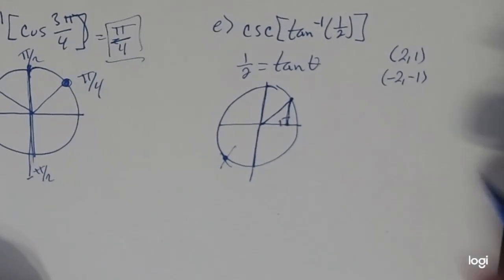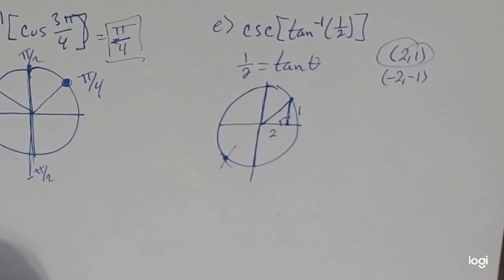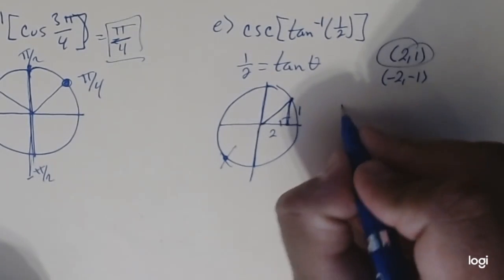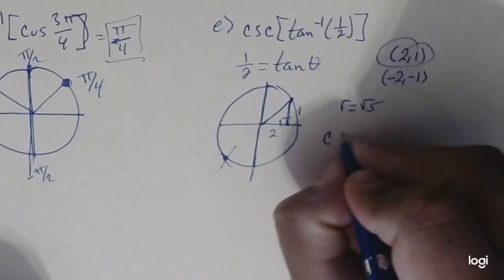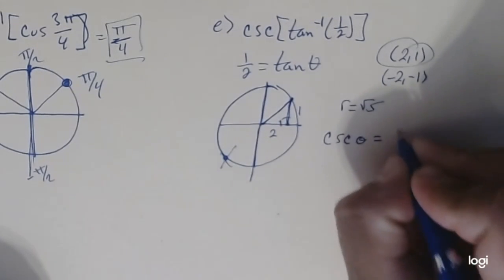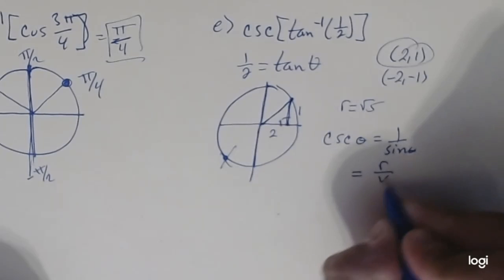Okay. So now we know it's going to be that one, so it's going to be 2, 1, and we'll just go way backwards. So we did this earlier, so I'll just quickly go over it. This is going to be radius, is going to be radical 5. Okay. And now we know cosecant theta is the same thing as 1 over sine, or if you want to, radius over y in this case.